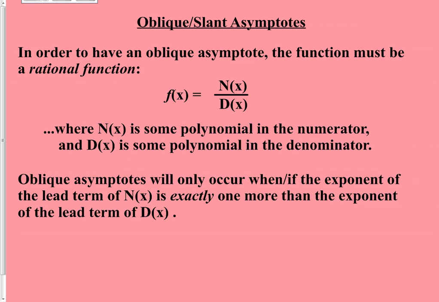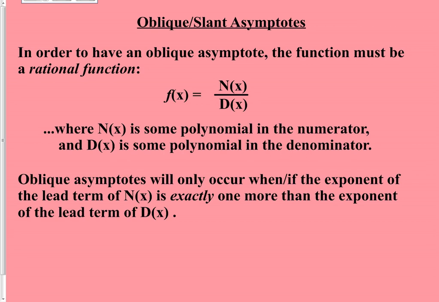The oblique asymptote is a little bit harder to calculate, so we won't ever in Algebra 2 be actually identifying the equation of the oblique asymptote. Okay, but simply what we're looking for here is, once again, it's got to be a rational function, and this one can only happen if the highest power of the numerator is exactly 1 unit larger than the highest power of the denominator.